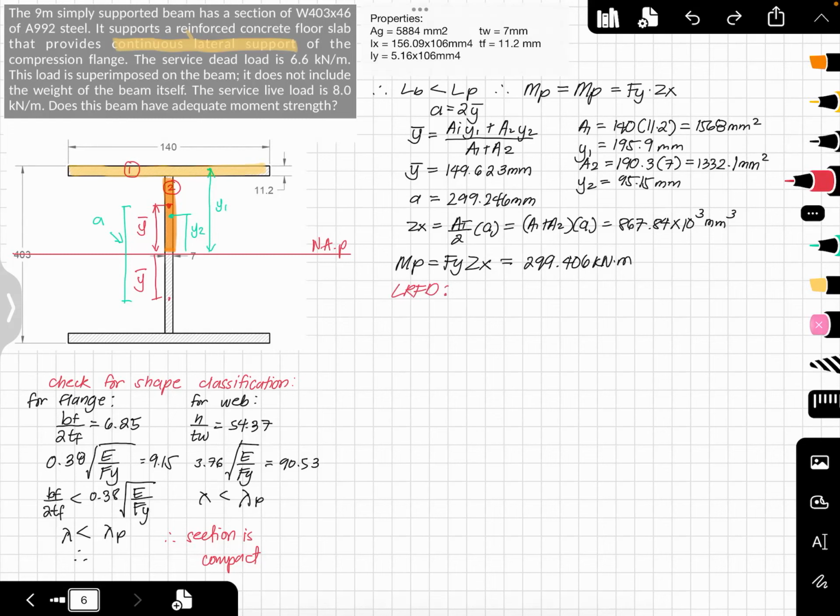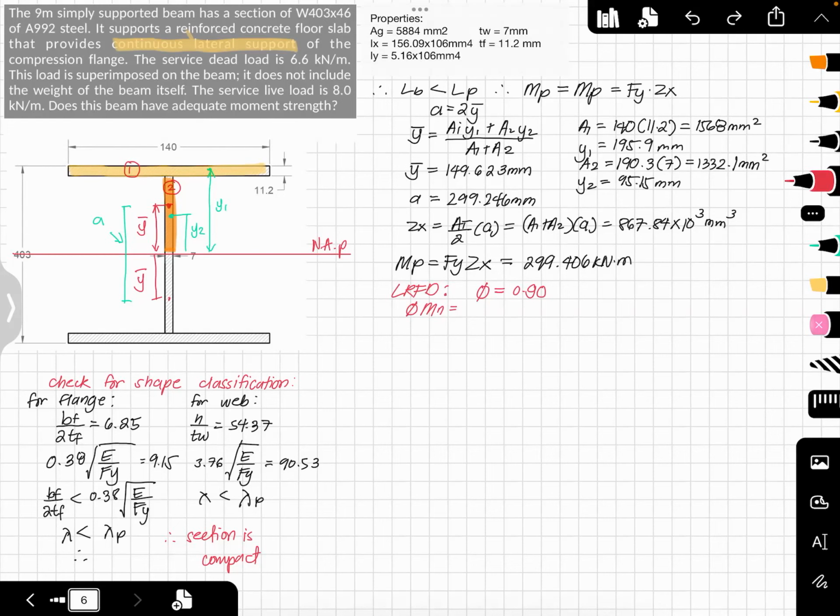We have phi equal to 0.90. So we will have phi Mn, wherein your nominal moment is equal to your Mp.